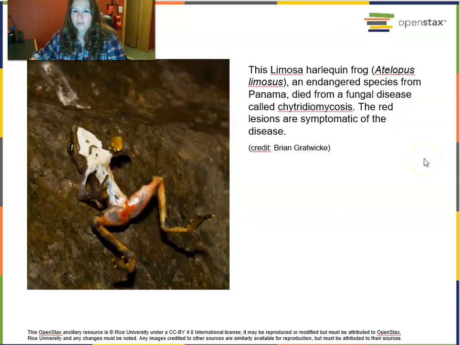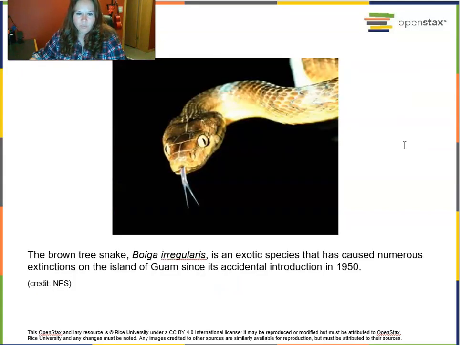Here's an example of an endangered species, the harlequin frog. It's died from a fungal disease, and the red lesions are symptomatic of that disease. A brown tree snake, which is an exotic species that has caused numerous extinctions on the island of Guam since its accidental introduction in 1950.